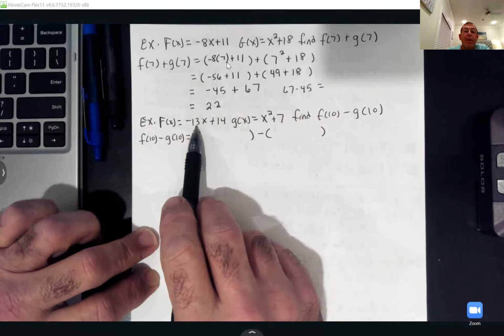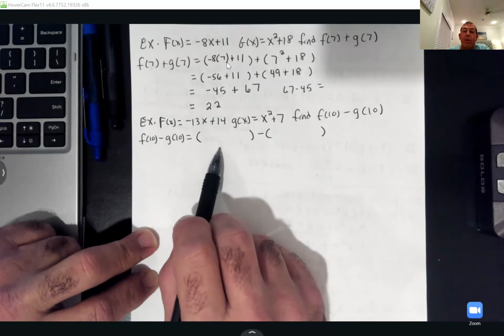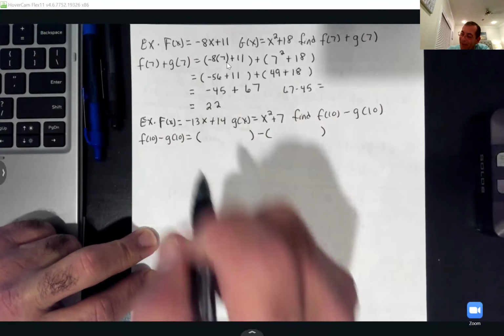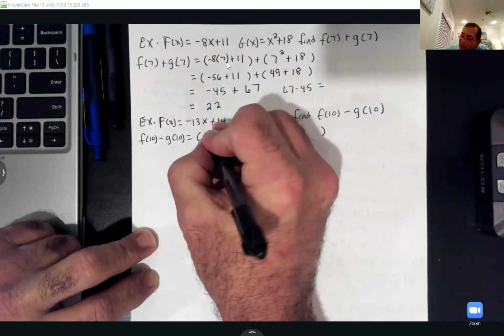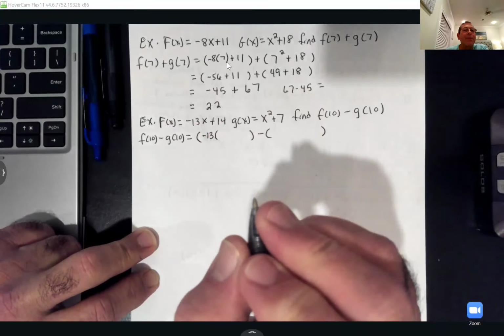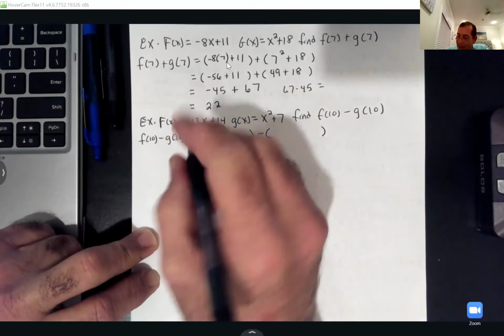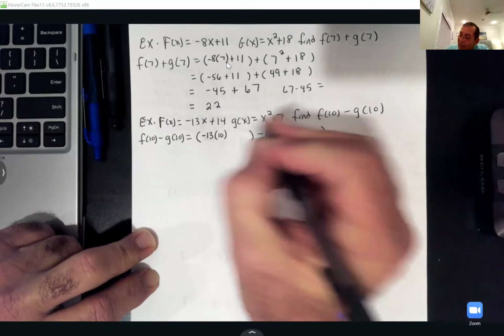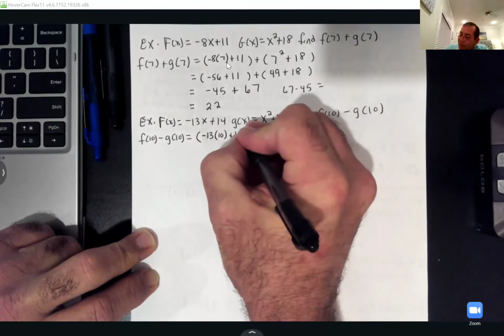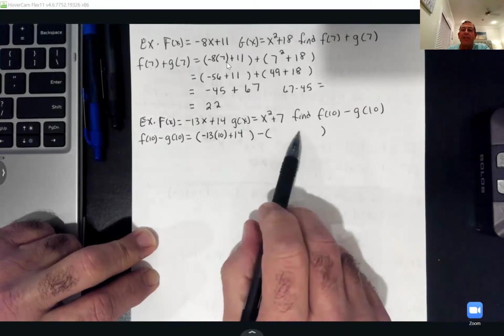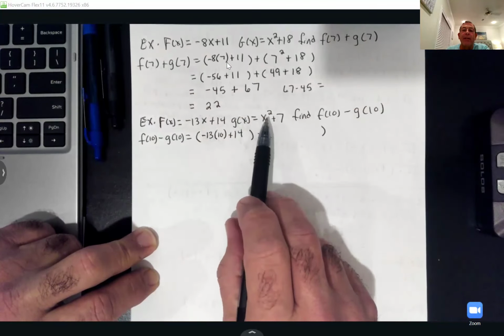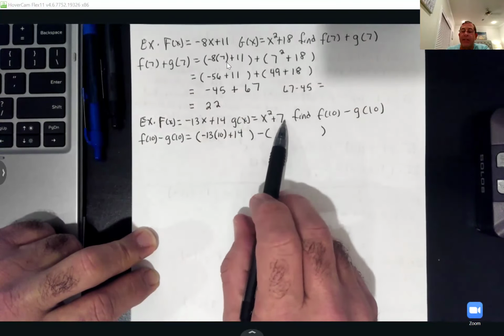But remember, we're not putting in a negative 13x plus 14 here, are we? We're putting a negative 13 times 10 plus our 14. Which means the g equation will be 10 squared plus 7.